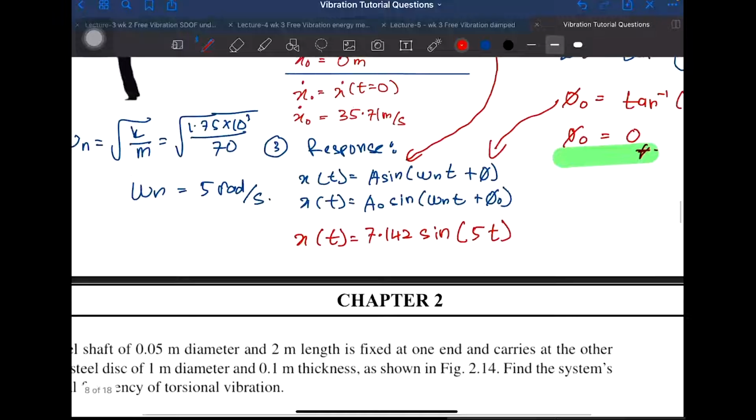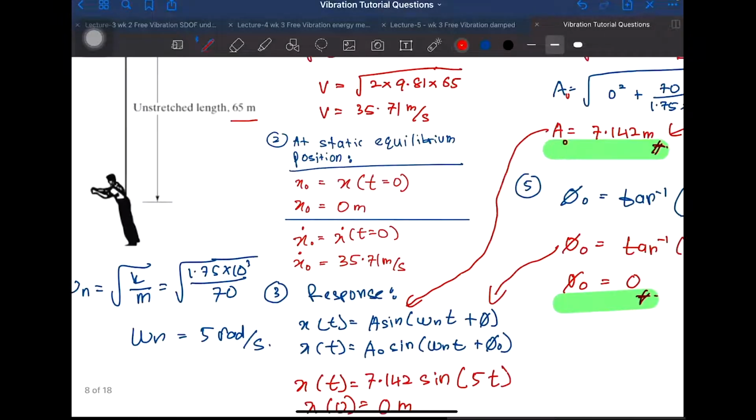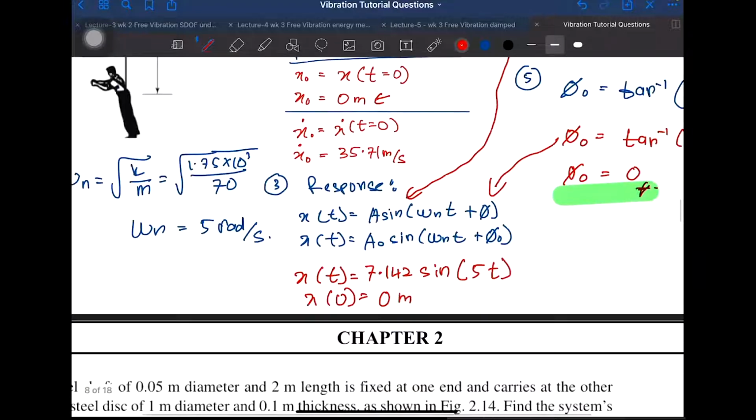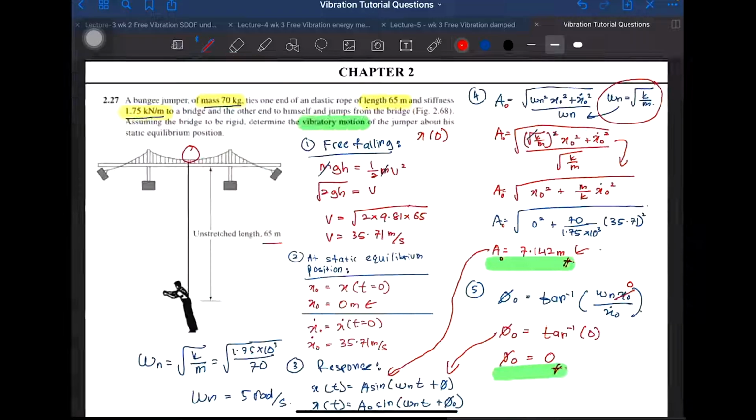If the question asks for x naught, then you have to find x naught. Find the x naught and then substitute the value for t to be 0. Then your answer will be 0 back. Same thing. It shows that x naught equals 0. That's all. Hope you guys understand this question.